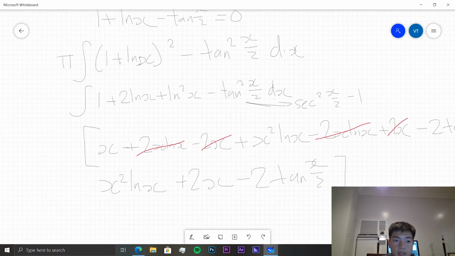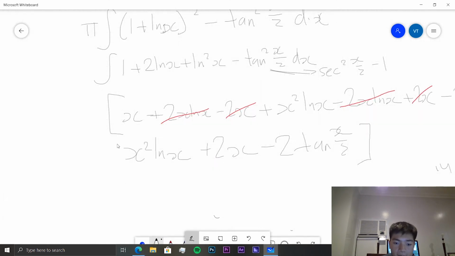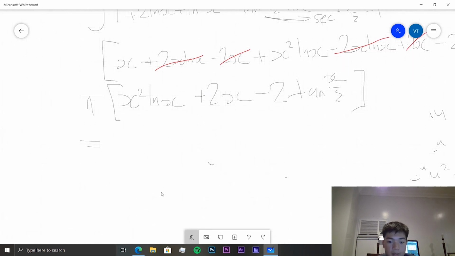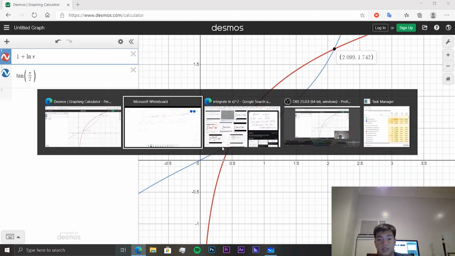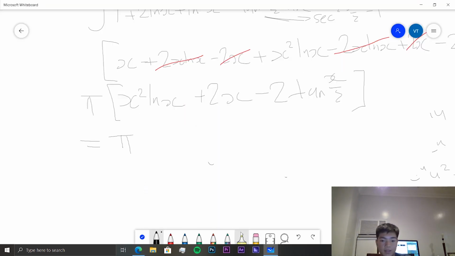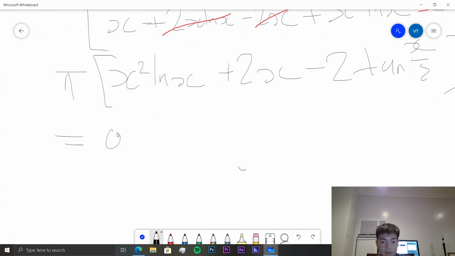And then between what limits was this? Oh, we had the predefined arbitrary limits. So this should be equal to pi times, 0.467 and 2.099. I'll just do this individually for both.